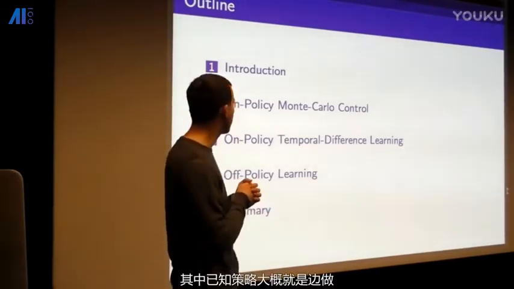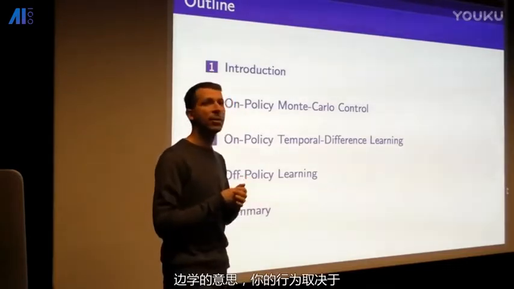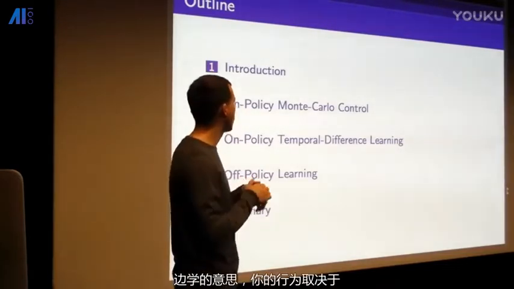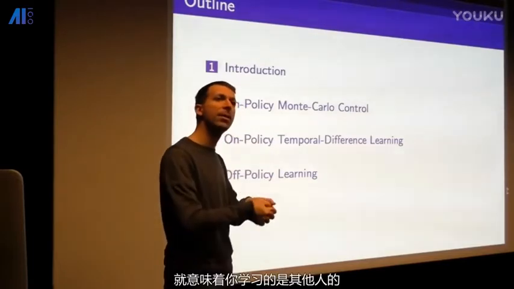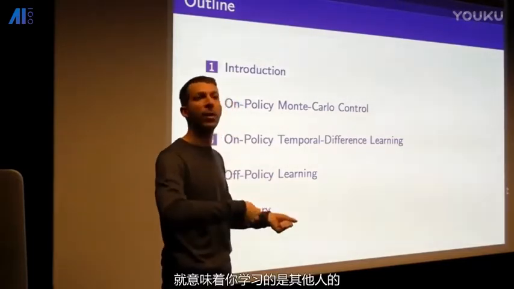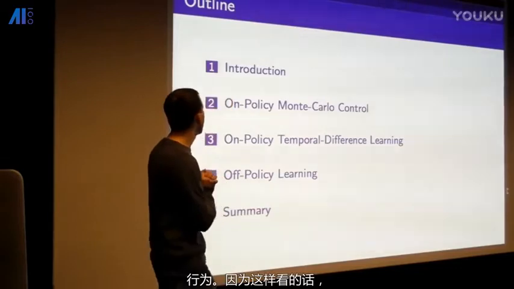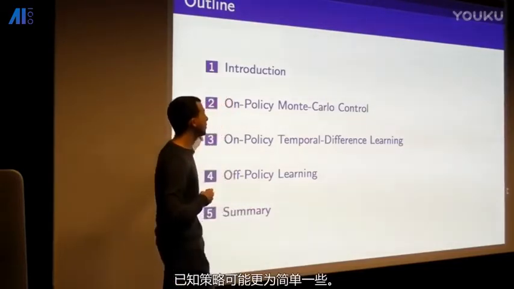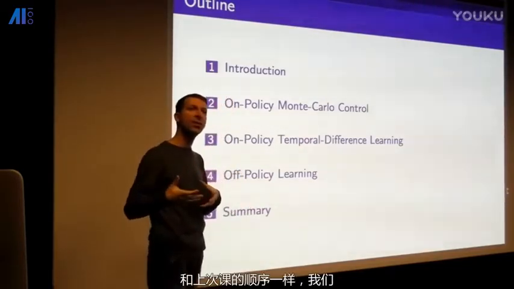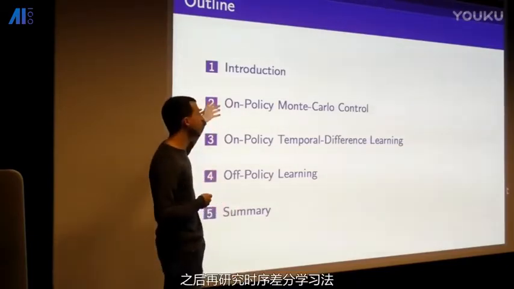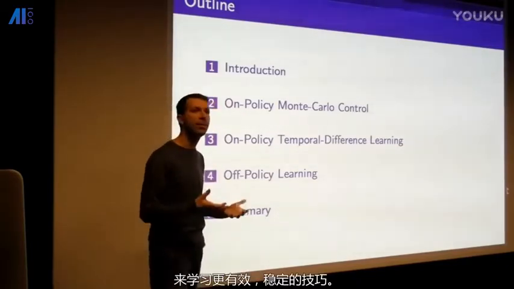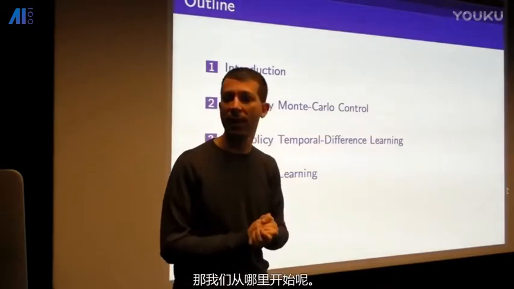Essentially on-policy means learning on the job, whilst you're following the behavior that you're learning about, and off-policy means learning whilst following someone else's behavior. We'll start with on-policy, which is a simpler case. And again, just like last lecture, we're going to follow the format of starting with Monte Carlo control before we move on to temporal difference learning to get more efficient, lower variance techniques.